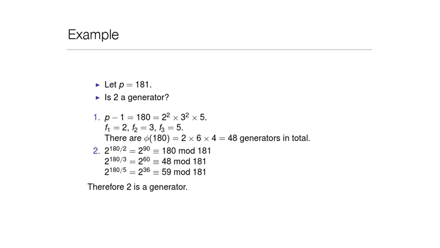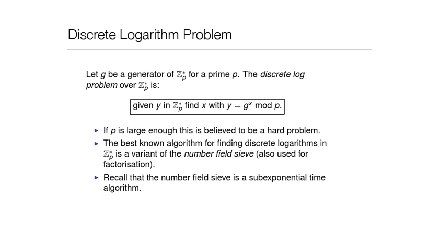You can follow that, and let's look at the discrete logarithm problem, which is the core part of this kind of cipher. Let g be a generator of the multiplicative group Zp star for a prime p.